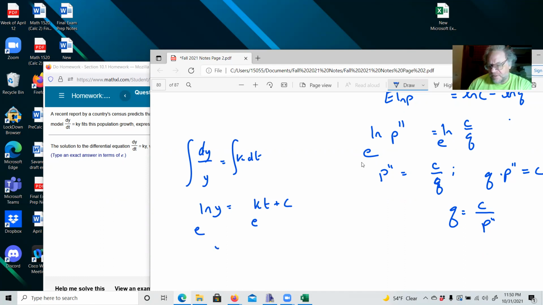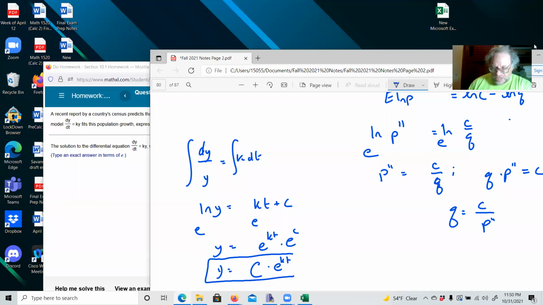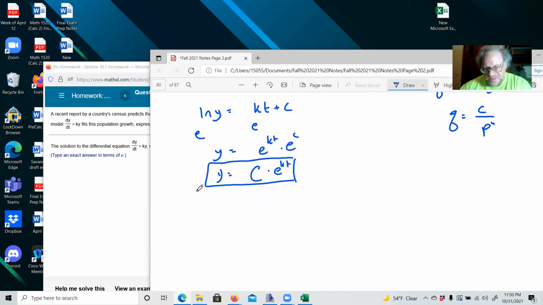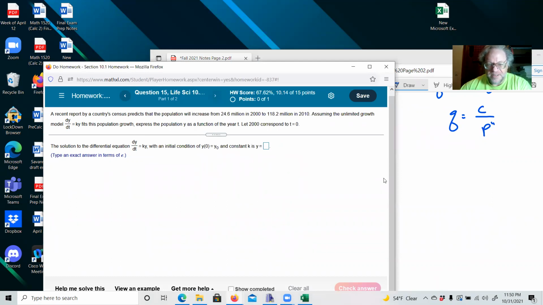Exponentiating, we get y is equal to e to the kt times e to the c. And we have y is equal to C, because e to a constant is a constant, times e to the kt. And again, you should have a whole host of college algebra problems that will come flooding back to your memories once you've started that, to be able to do unlimited growth.